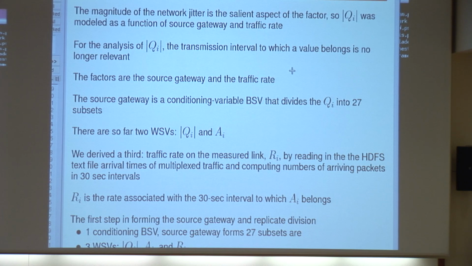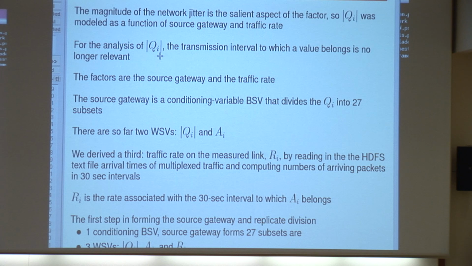In fact, the transmission interval of which Q sub i was a part plays no role in the analysis now that we've gotten rid of this effect, which has to do with the index and where it occurred.